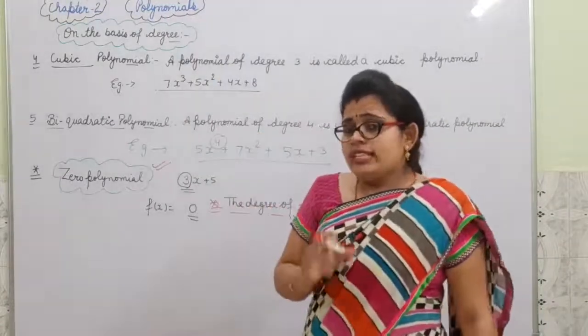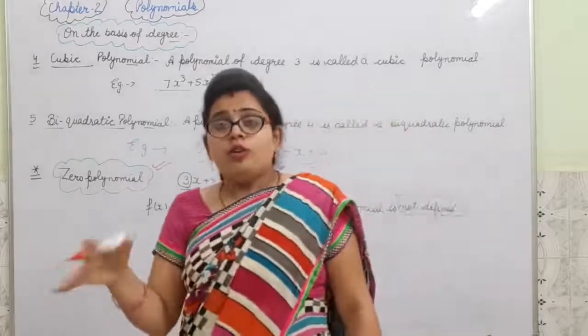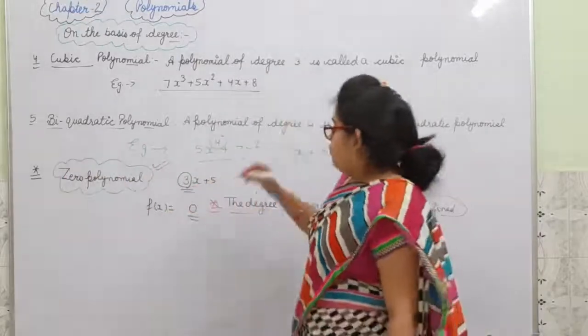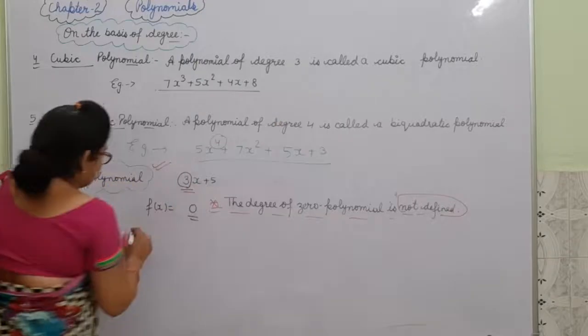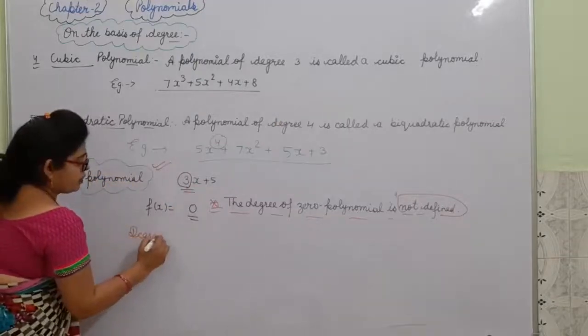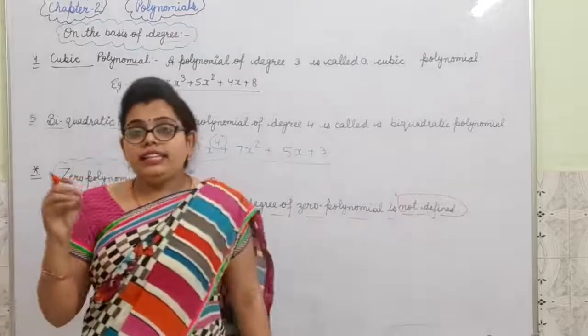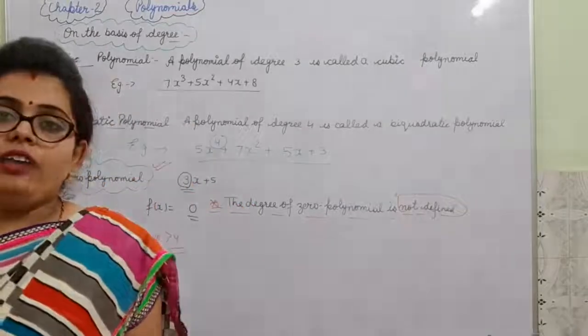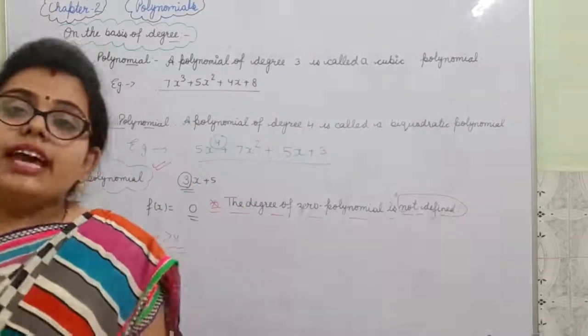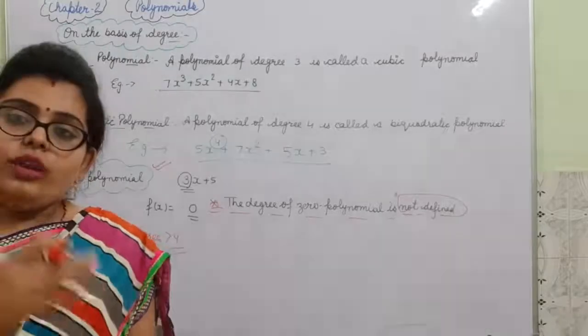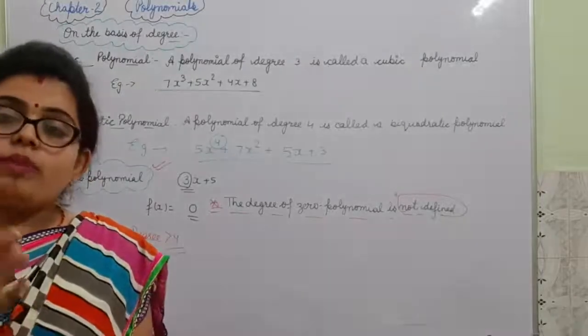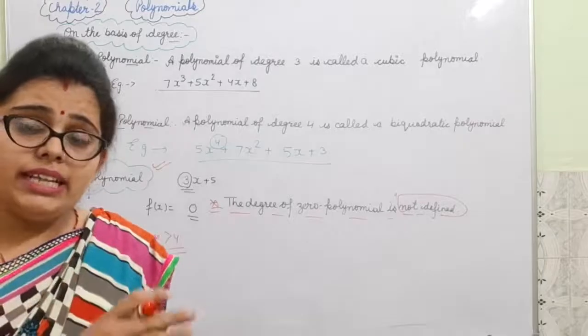Dear students, if its degree is 5 or more than 4, if degree is greater than 4, then we can say that it is a polynomial having degree 5. If degree is 6, then we can say that it is a polynomial of highest power 6, or polynomial of degree 6.